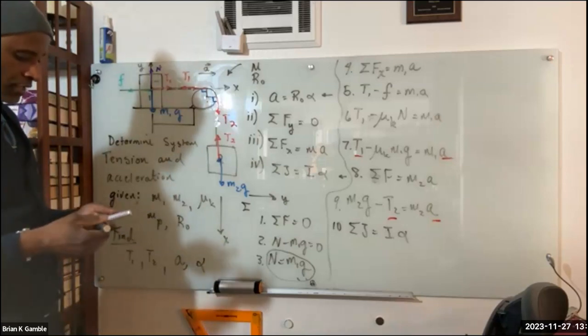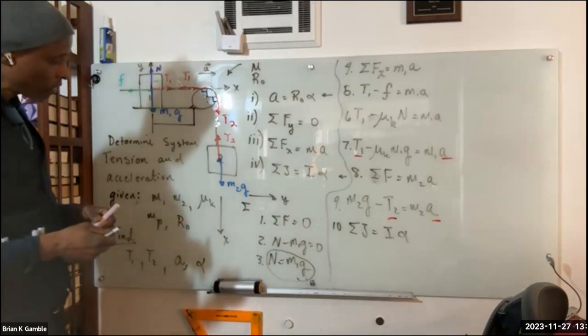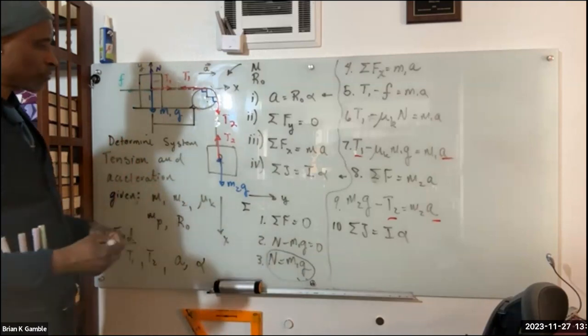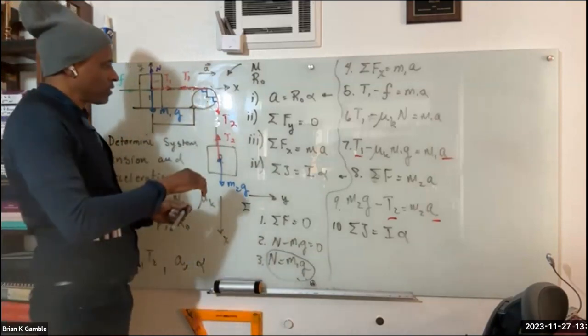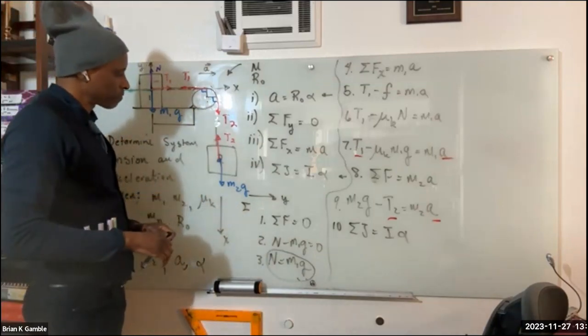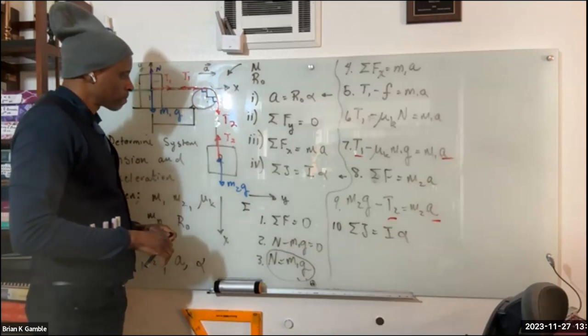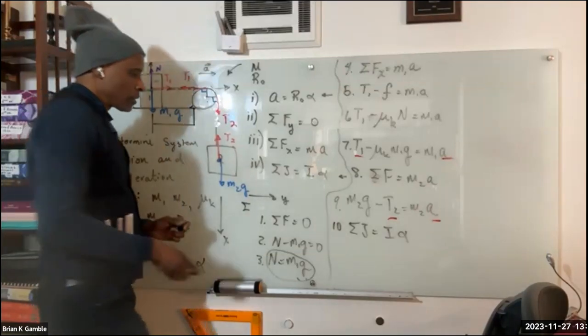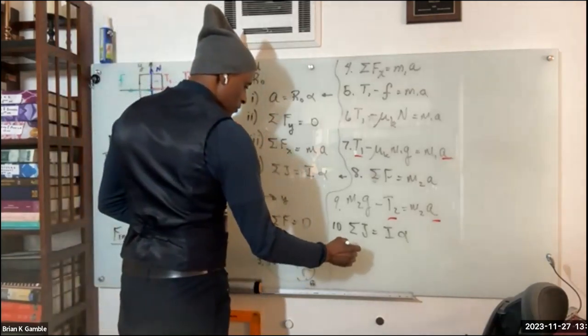So the torque is just going to be tension times the radius times sine of 90, which is 1. So this torque will be the clockwise torque.